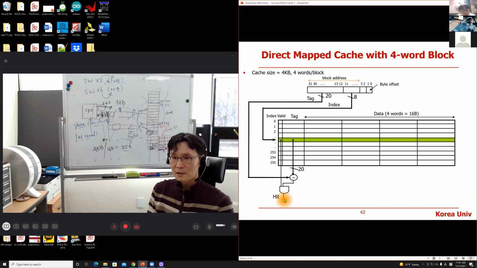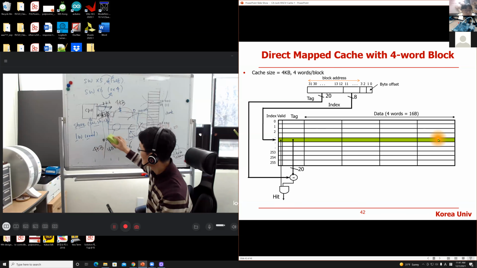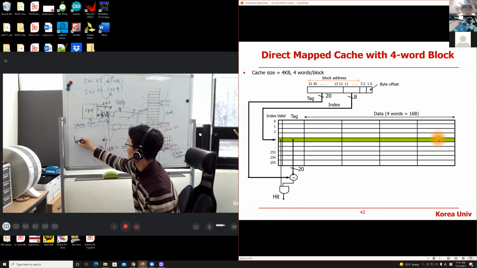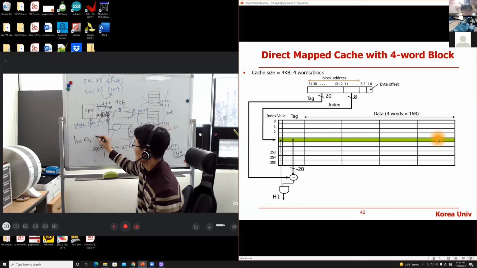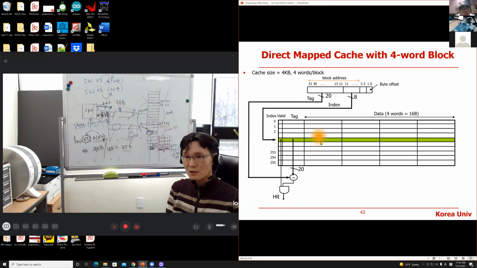Then there are four data words, and among these four, only one is the one you are looking for. With an LW instruction, load word, you are reading one data word, 4 bytes. So you have to select 1 out of these 4.